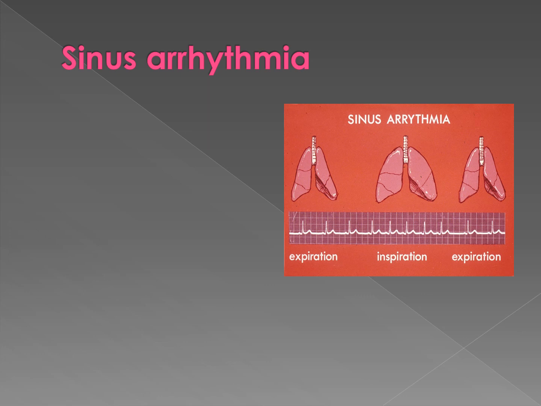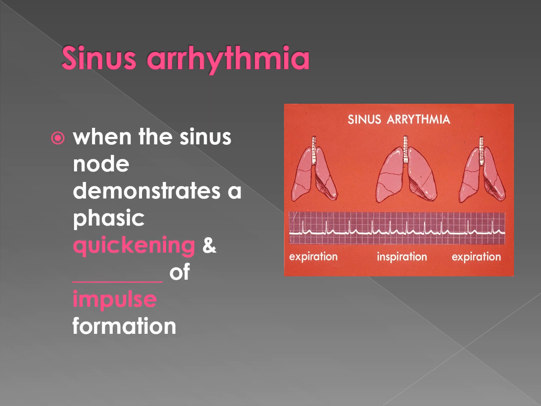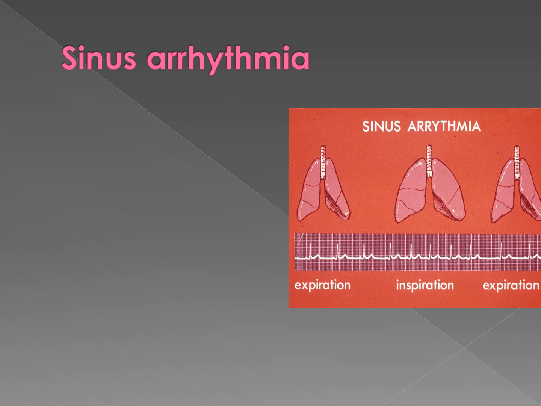A sinus arrhythmia, and notice it says sinus arrhythmia, is when the sinus node demonstrates a basic quickening or a slowing of impulse formation. So this can happen with your normal breathing cycle. That's why you see that picture.